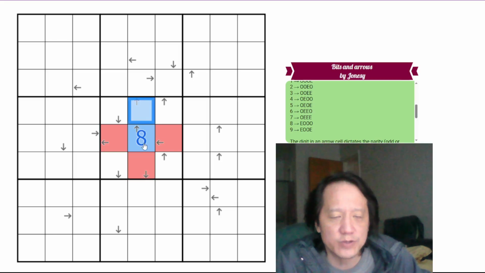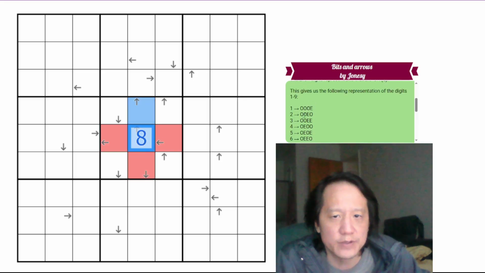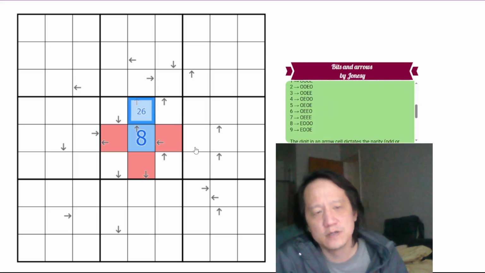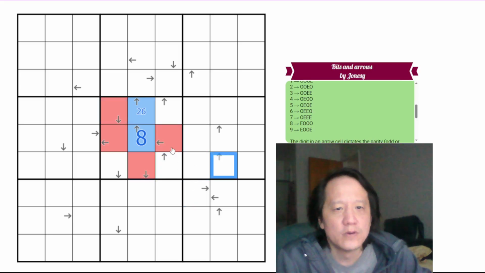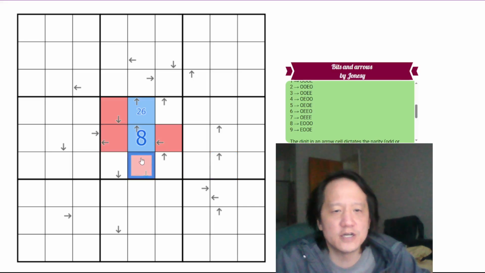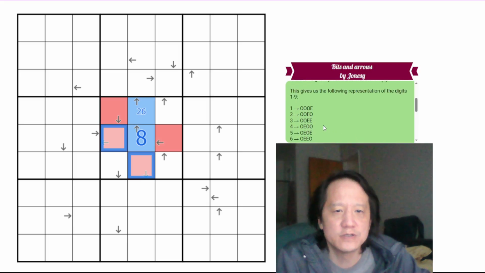8 is even, odd, odd, odd. Even digit with an even in the third bit, that would be 2 or 6. Okay. Either way it would be odd, odd, even, odd, or odd, even, even, odd. So either way, this is odd. Even digit as the third bit for an odd digit, so that's 3 and 7, I believe, only.